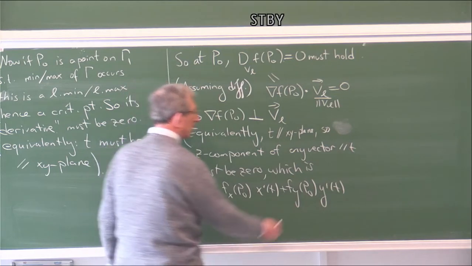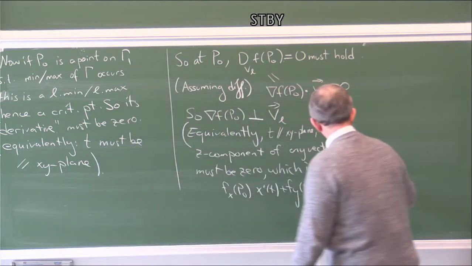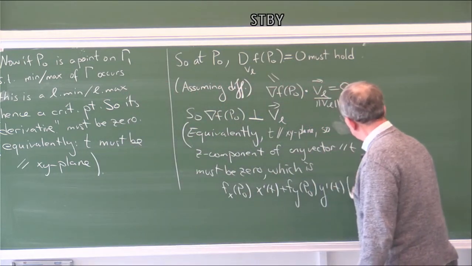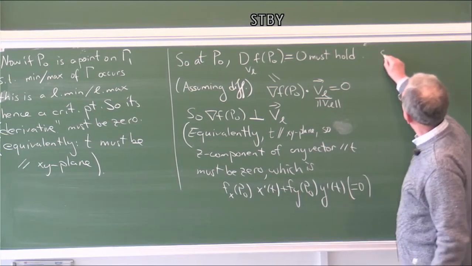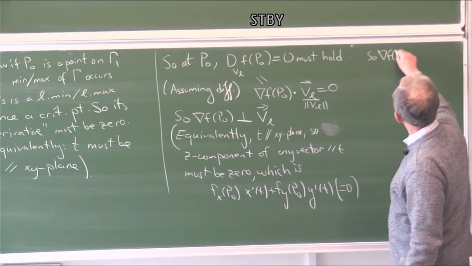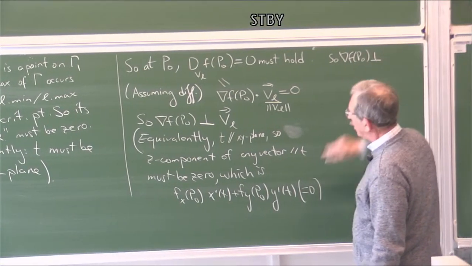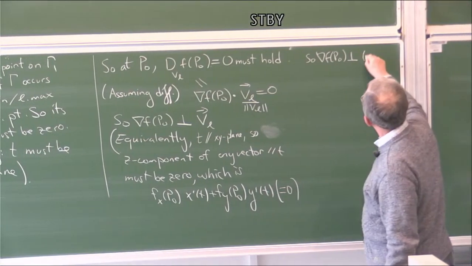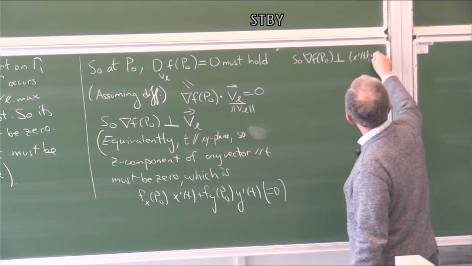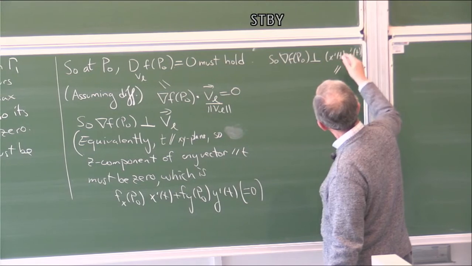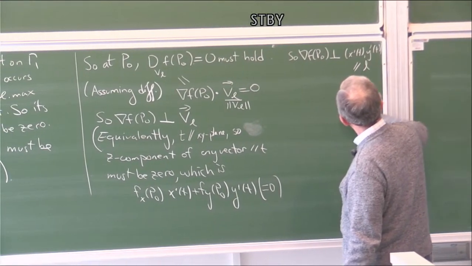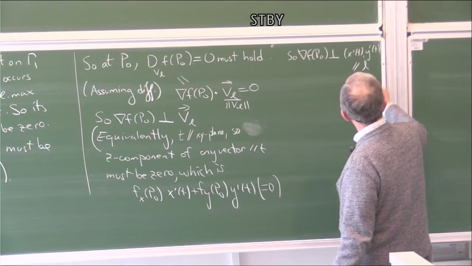So this must be 0. This directly says that gradient f at p0 is perpendicular to the vector x prime, y prime, which is parallel to L or parallel to VL.